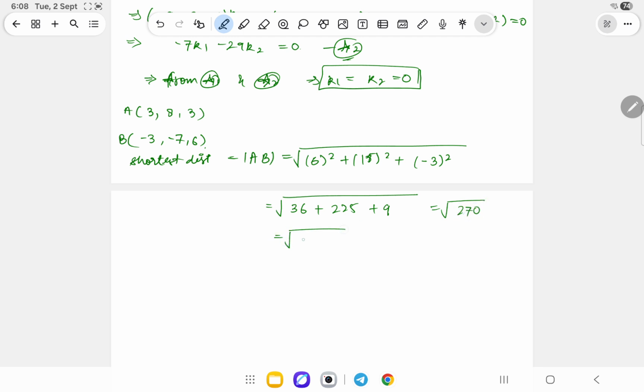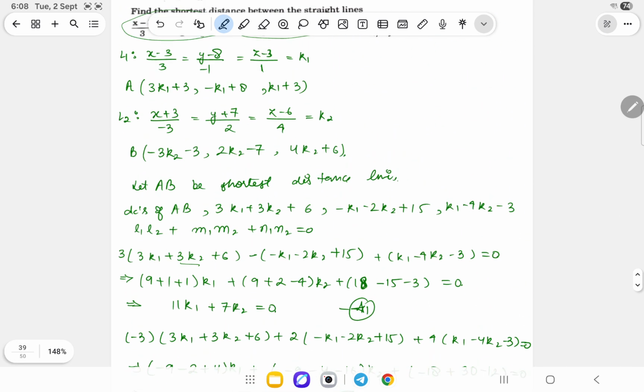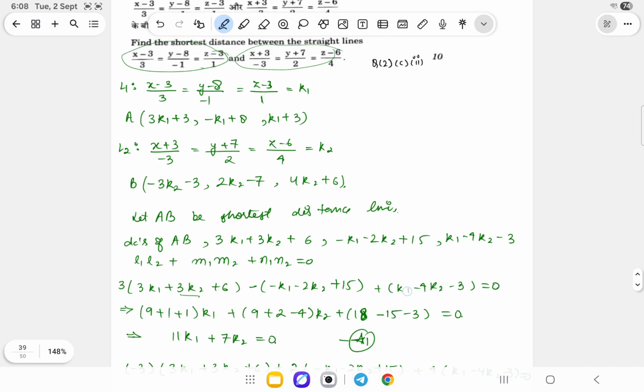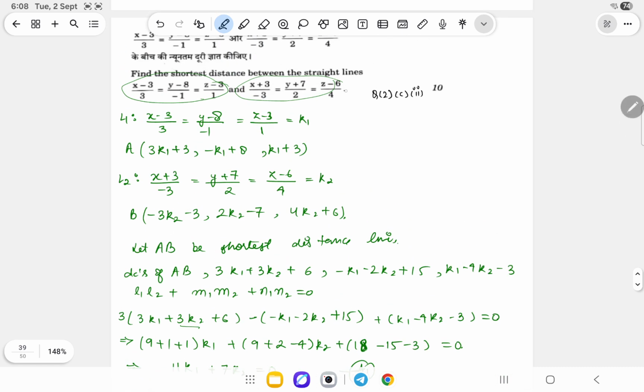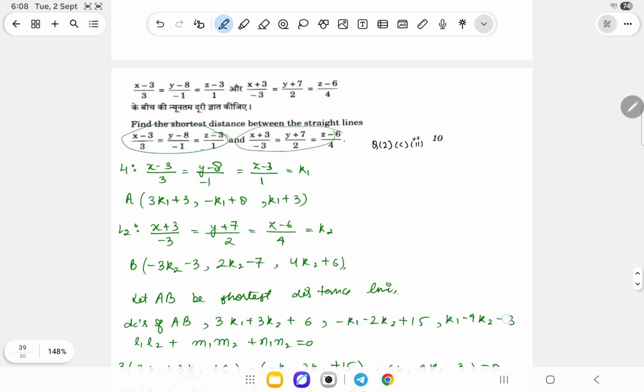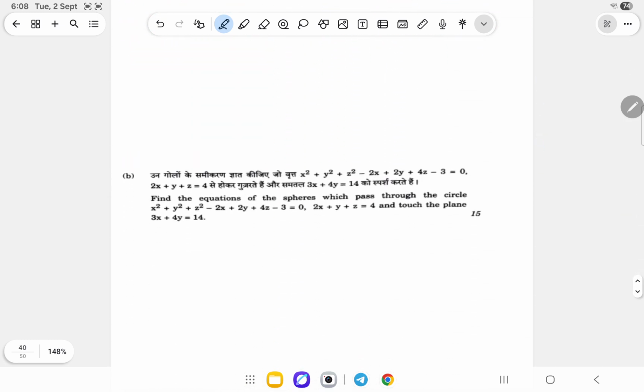So I can write it as 3 under root 30 units. So this is the shortest distance between the two given lines, and it's a repeated question. It's been asked approximately 2 to 3 times previously as well. So let's move on to the next question.